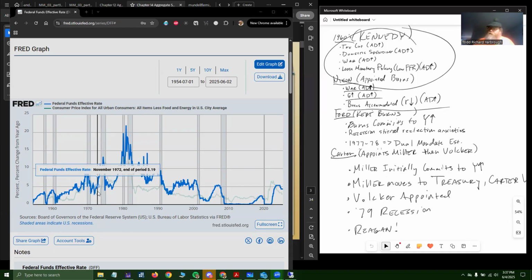The interesting thing that happens during this time period from the Fed's perspective historically is that we have the first establishment of the dual mandate. Prior to 1978, there was no such thing as the dual mandate. Now there's a congressional mandate of the Federal Reserve to do two things: maintain low, stable inflation and commit to full employment.